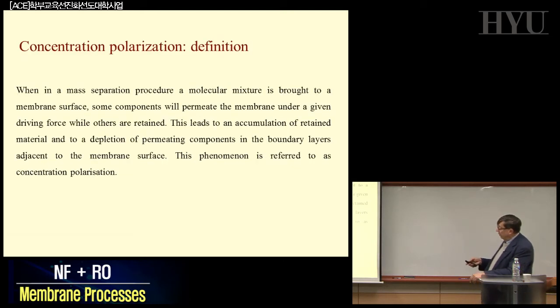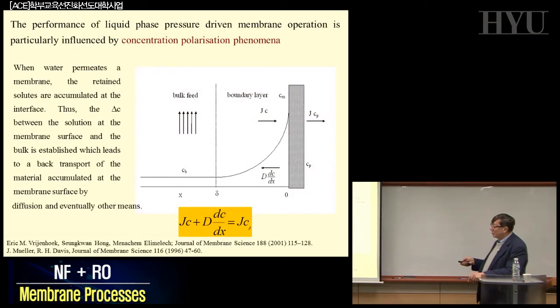What concentration polarization is, we have already been discussing, and here is the situation we are talking about. In your solution, you can have the concentration in the bulk at a certain level, but during the permeation of the water across, you will accumulate some of the solutes. The solute can only back diffuse in principle, and this back diffusion is much lower than the convection, and that means you can create this concentration profile.